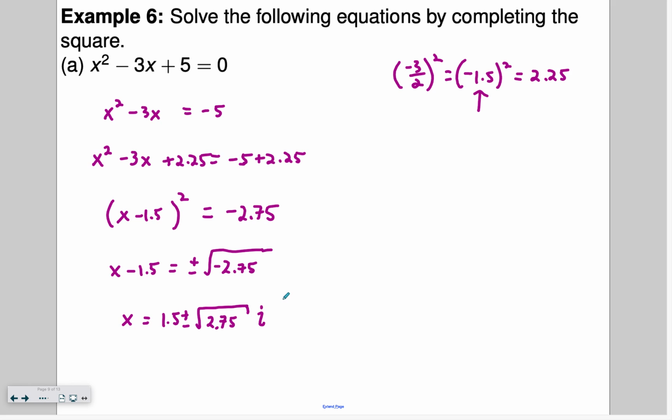Now, if you don't like this as a decimal, and you want to leave it as a fraction, that is perfectly acceptable and encouraged. You can do that. And so 2.75 would really be 2 3/4. Actually, you could just leave it as a fraction right here if you wanted.